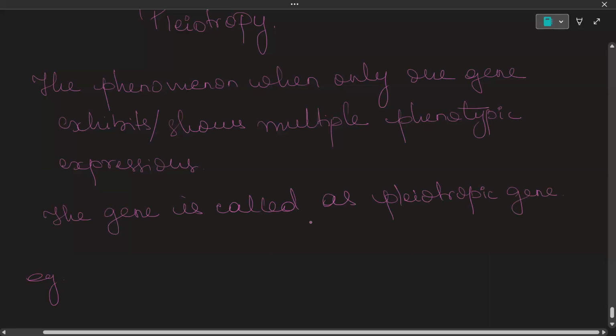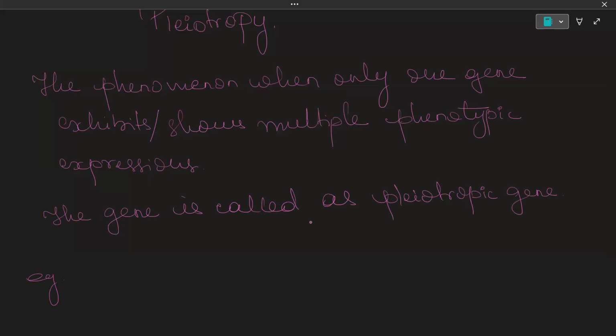A great example of pleiotropy is the disease known as phenylketonuria. Now, this disease occurs in humans and it is caused by a mutation in the gene which codes for the enzyme called phenylalanine hydroxylase.